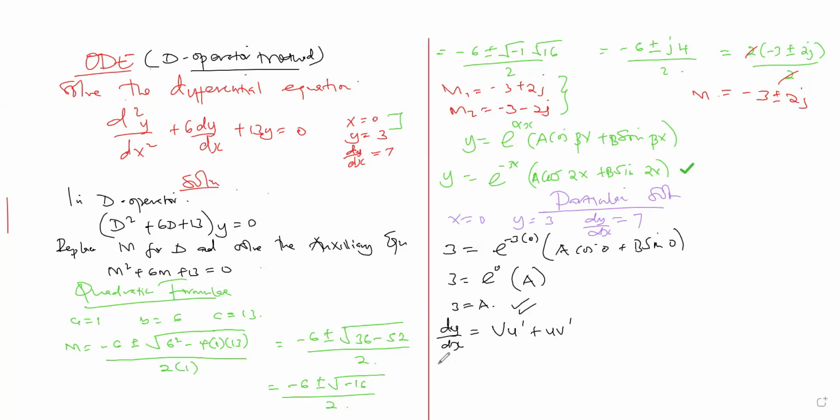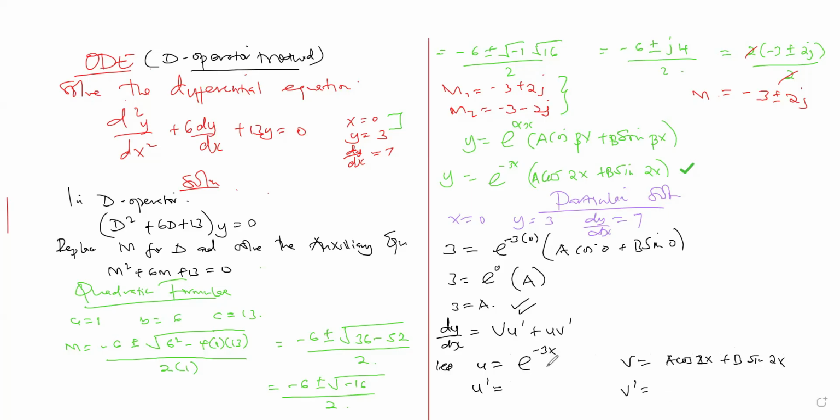So you can say we let our u to be exponent of negative 3x, then our v to be a cos 2x plus b sine 2x. So you get u prime, that means differentiate that function, then v prime also means differentiate the same function.